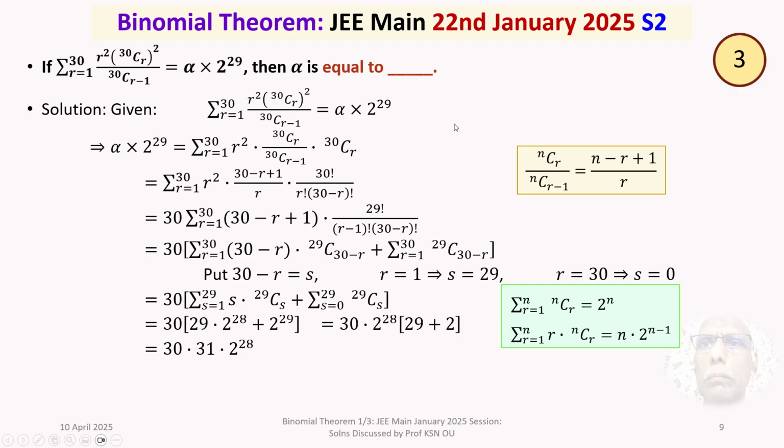But we want alpha. Therefore, alpha will be 30 into 31 into 2 to the power of 28 by 2 power 29. 2 power 28 cancels in both numerator and denominator. You will get 30 into 31 by 2, that is 15 into 31, that is 465. Therefore, the answer to this question is 465.